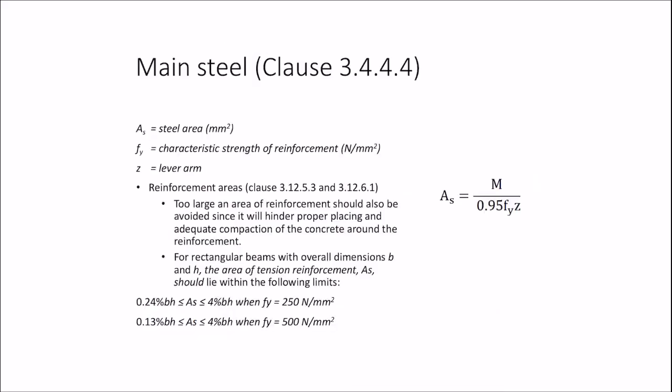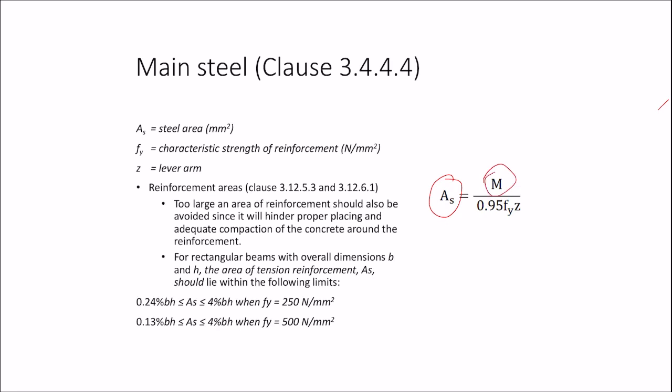After we calculate K, kita dah calculate Z, dan kita kena calculate area of steel. Sebab sekarang kita nak design. So kita kena design daripada segi size of the beam sampai kepada area of the steel. Steel dia banyak mana you nak letak. AS is steel area. M is equal to 0.95 FyZ.